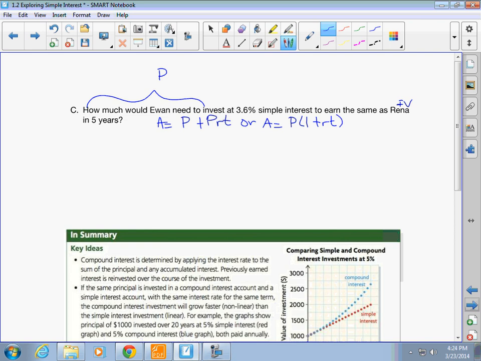If we want our future value to be Rena's amount, that was $1,193.44, we want to know what the principal is supposed to be. So we're going to do P times 1 plus, at the same interest rate, 0.036, for the same amount of time, 5 years.